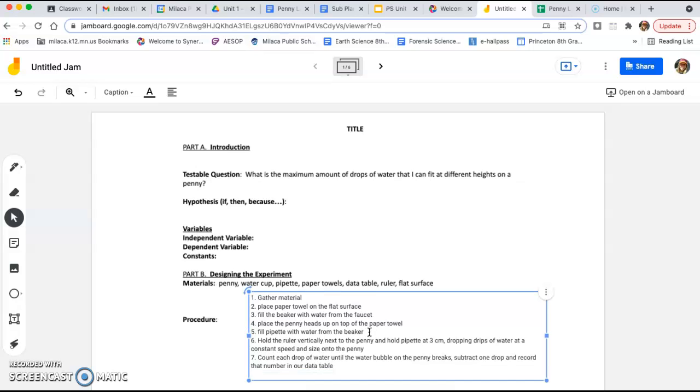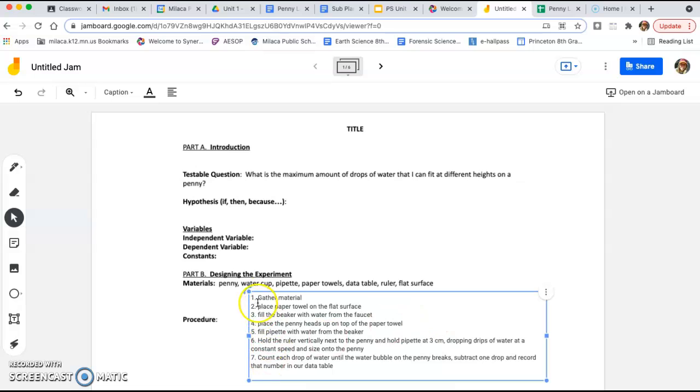All right. We're not quite done yet because we have this at 3 centimeters, but we decided that we need at least 3 different heights, and we're going to run 3 trials for each height because the minimum amount of trials that we want in a good experiment is 3. So we have to repeat this.